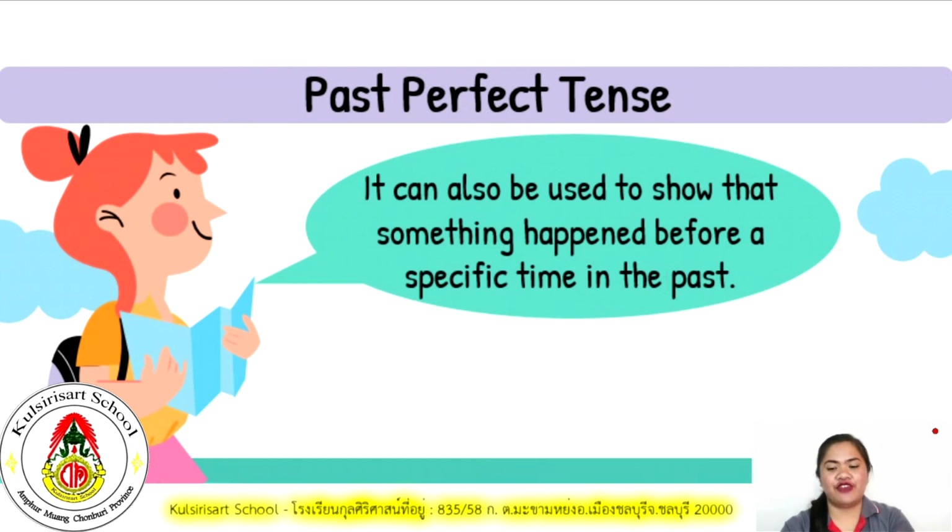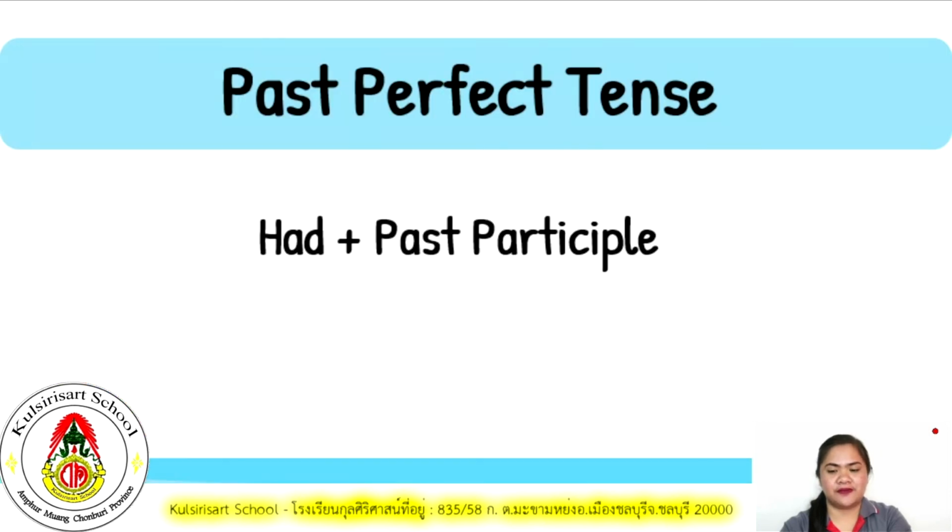So we have here the examples. But before the examples, let's learn first the past perfect tense pattern. Class, the past perfect tense pattern is only one: had plus the past participle of the verb.